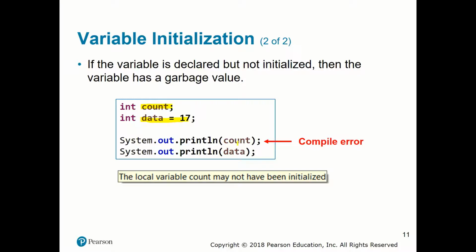Since count has a garbage value, as it is not initialized, a compile error occurs. But data has the value 17, it is initialized, so data can be printed out. This is the compile error message when we try to print a garbage value: the local variable count may not have been initialized. So initialization is very important.